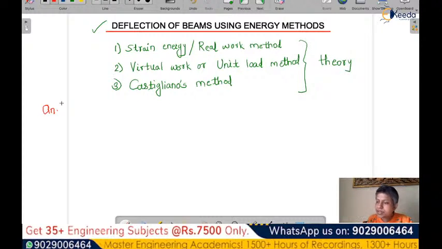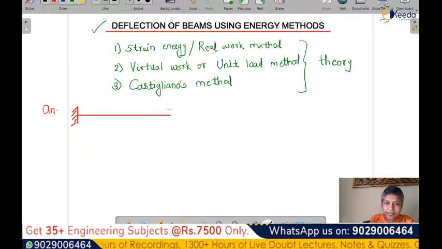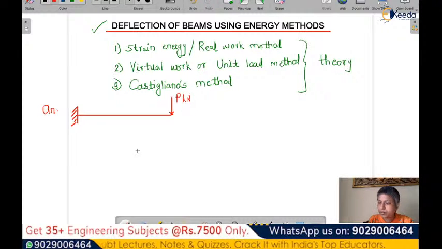This is a cantilever, and it has a load P kilonewton acting at the free end, and the span length is L.